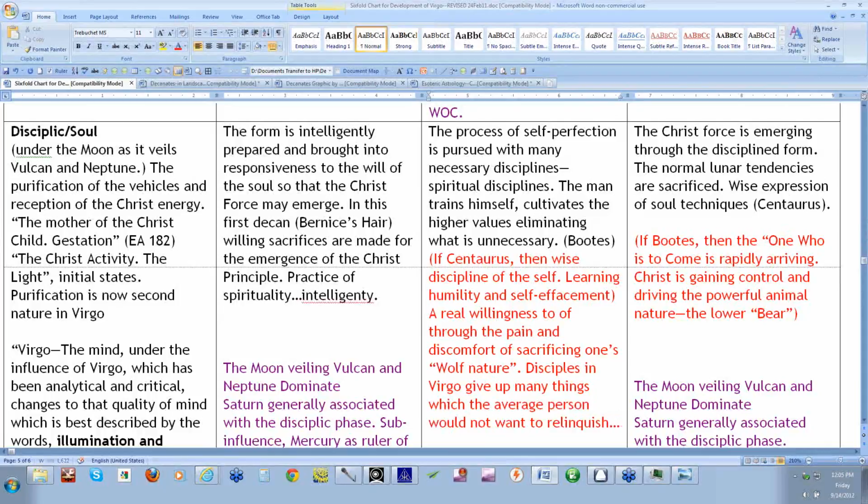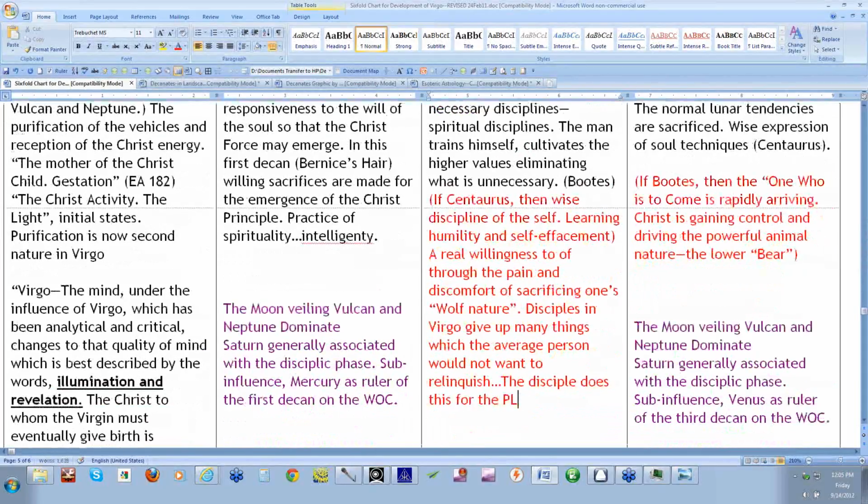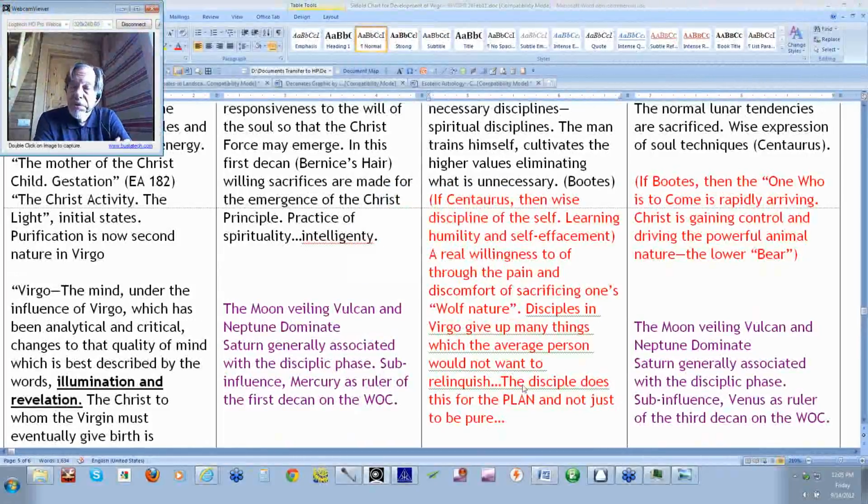Only in this case, the disciple does this for the plan and not just to be pure, because he's gone beyond that stage of the desire to be pure. He knows something intelligently of the plan, and he realizes the sense of values here, what comes first, and is willing to make the necessary sacrifices.